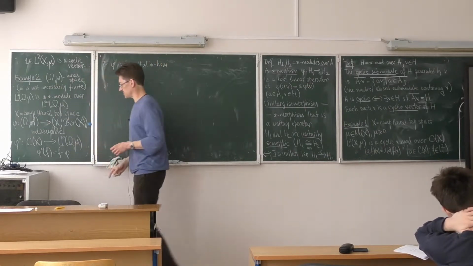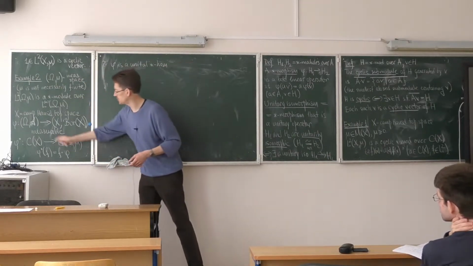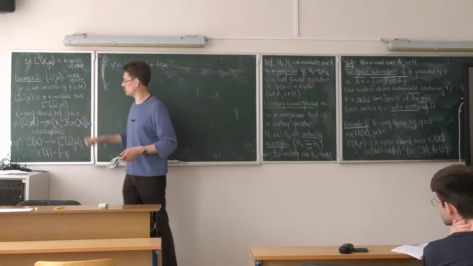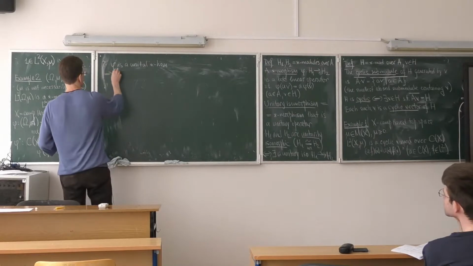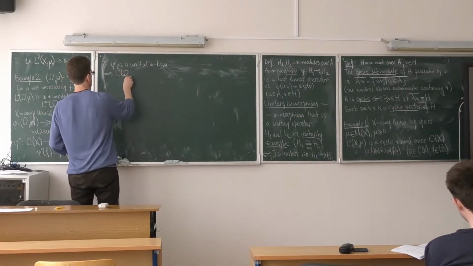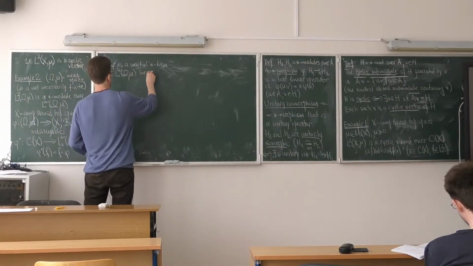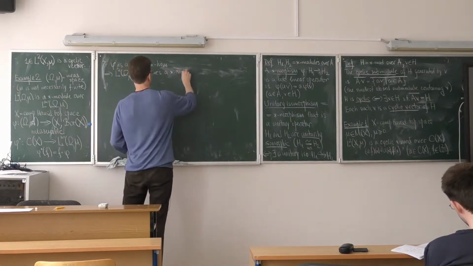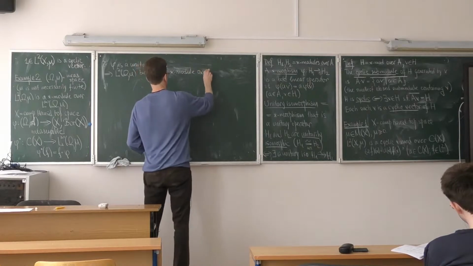And by using this phi dot, we can make L2 into a star module over C of X. L2 of omega mu becomes a star module over C of X.